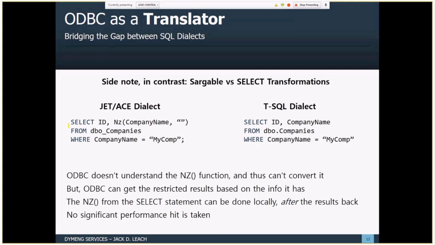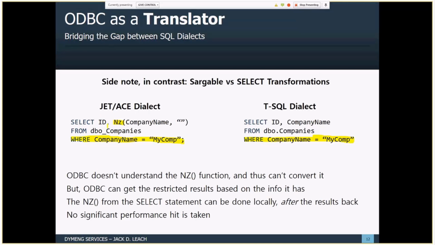So if we look at this variation on that query, we have a where clause on the Access end that we're sending to it, where the company name is kind of hard coded in there, and that is something that ODBC can just forward right along to SQL Server. And we have the NZ function up here in the select portion of the statement.